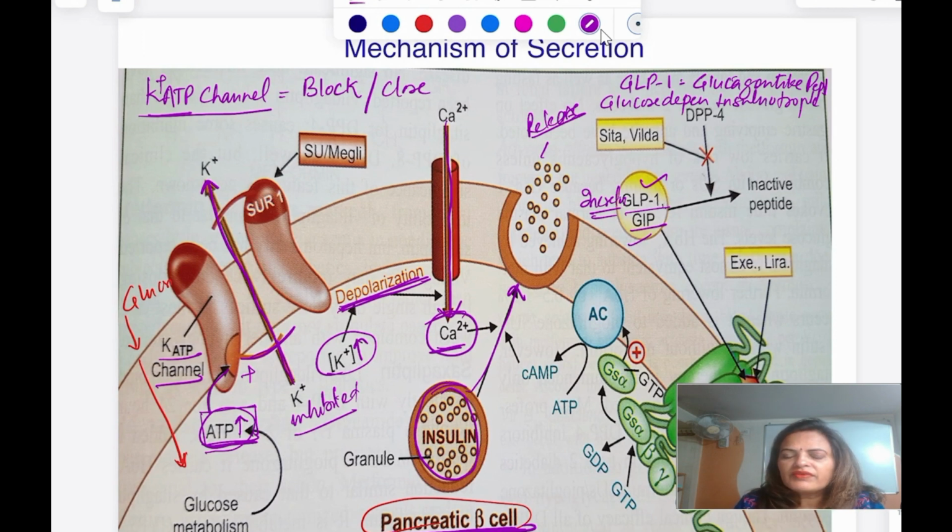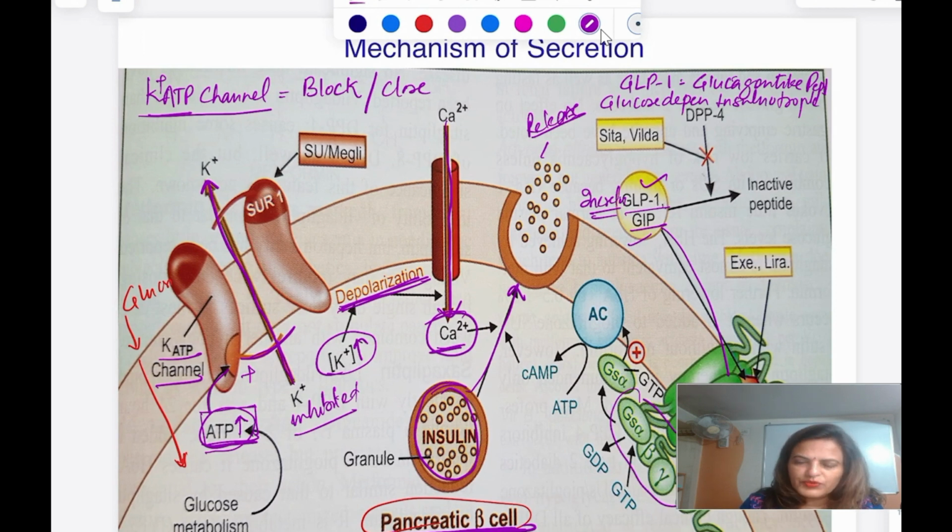One of the sites is the pancreatic beta cell. It is also present on the alpha cell. Now if it is going to act on this receptor on the pancreatic beta cells, the incretin mimetic receptor, what kind of receptor is it? They are G protein coupled receptors. You can see here in the figure.